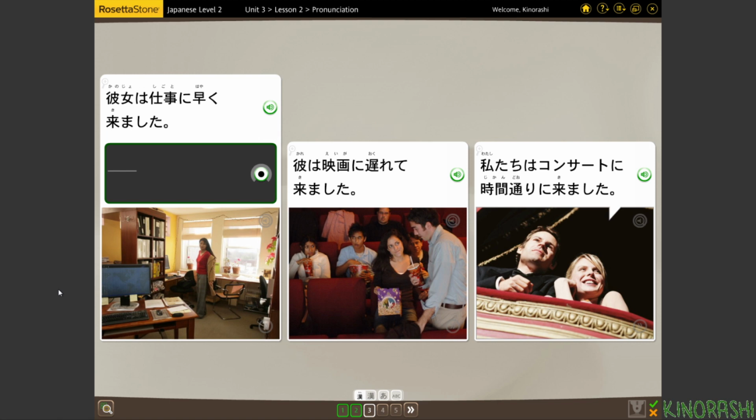Hayaku. Quickly, early. Ah, okay, so it's the same word, hayaku, but this kanji is the kanji generally used for early, and there's other kanji that's used for quickly. This is the kanji for early.